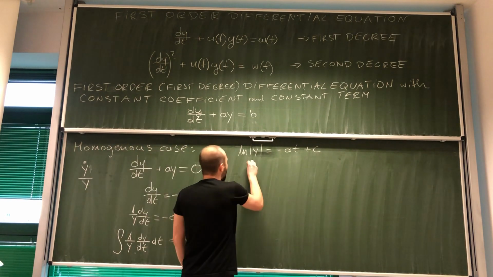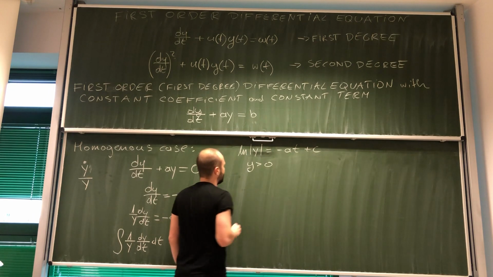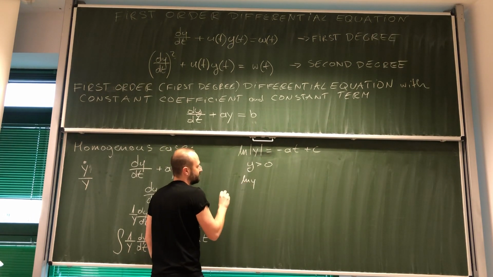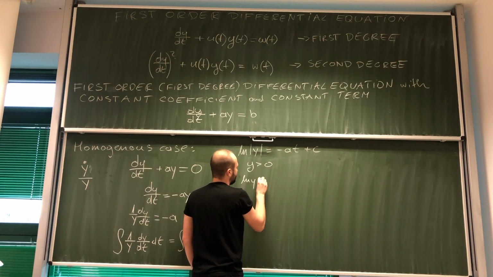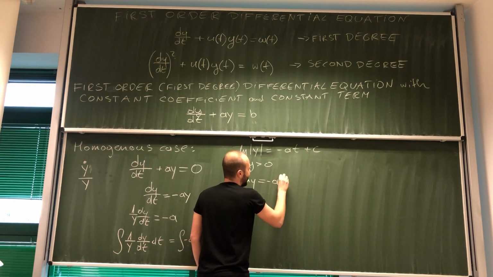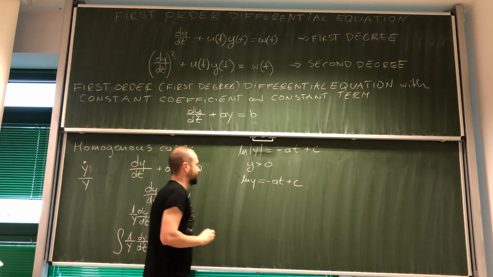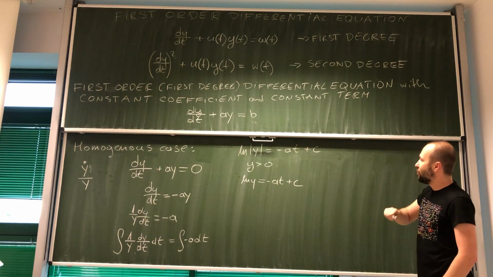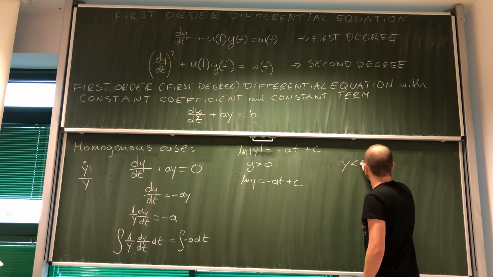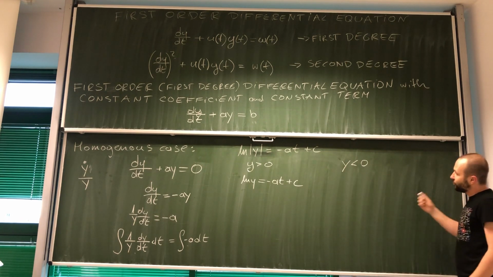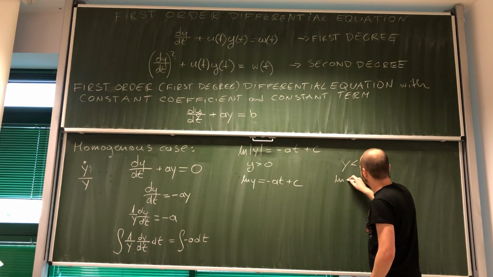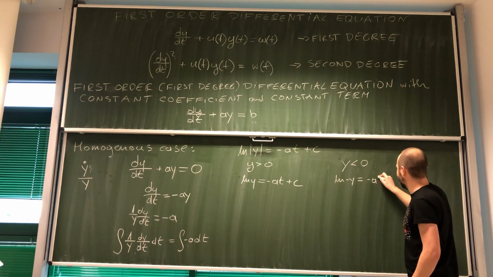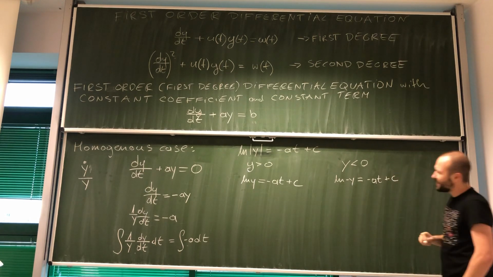If y is bigger than 0, then this equation turns into ln y equals negative at plus c. On the other hand, if y is lower than 0, we will have ln of negative y equals negative at plus c.